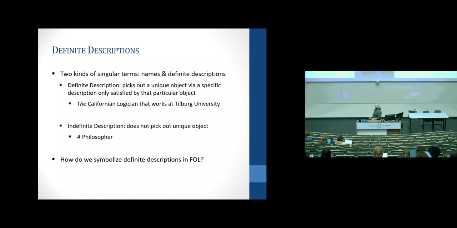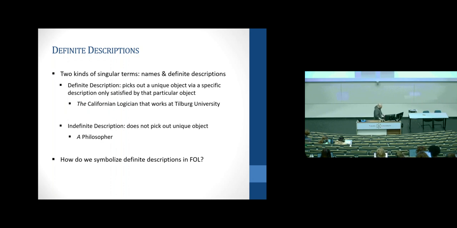Or the person who teaches this class. Contrast this with an indefinite description. A philosopher. A person from California. That could be satisfied by many different people. So definite descriptions are another way for us to pick out individual objects. And it does so via a particular description.